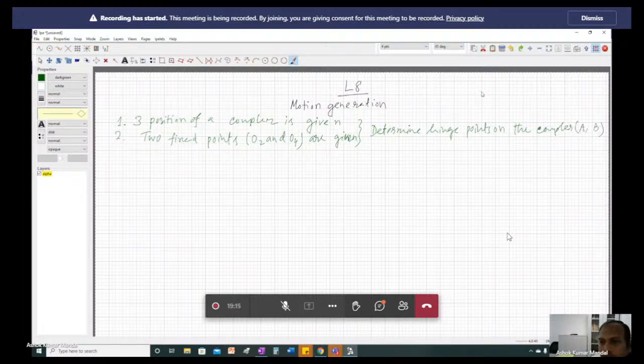So if we draw a four-bar mechanism like this, to understand this, what are these points?